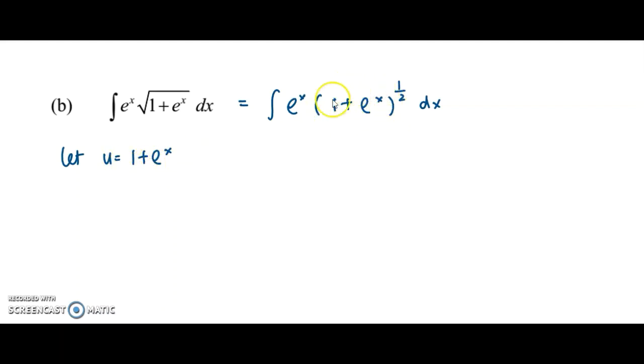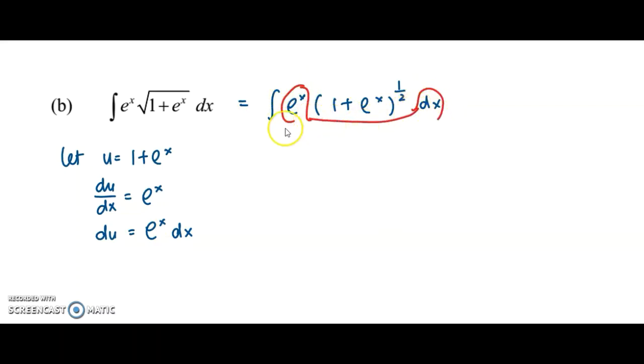Later on this is going to be u, and when you find du dx, you will have e^x. So you can bring up the dx, and e^x dx is going to be du, because in my question I have an e^x and I have my dx. So these two combine to become du.